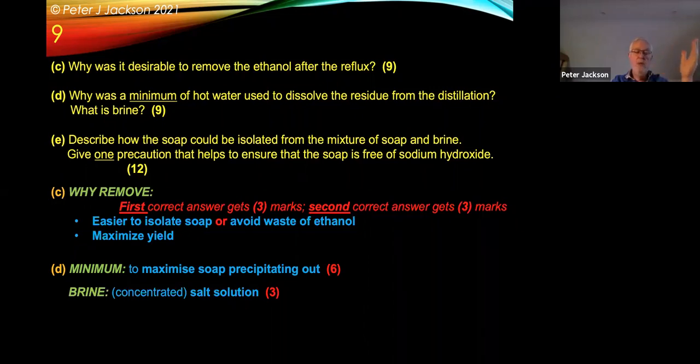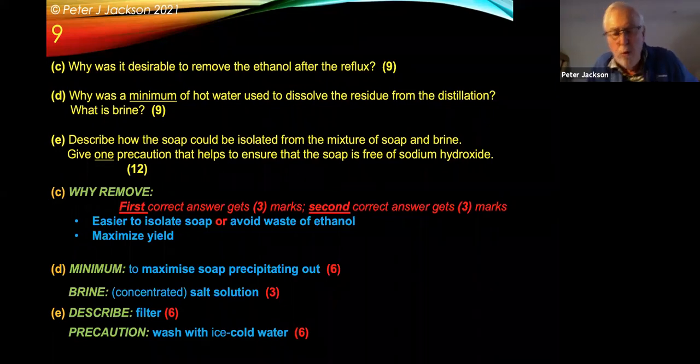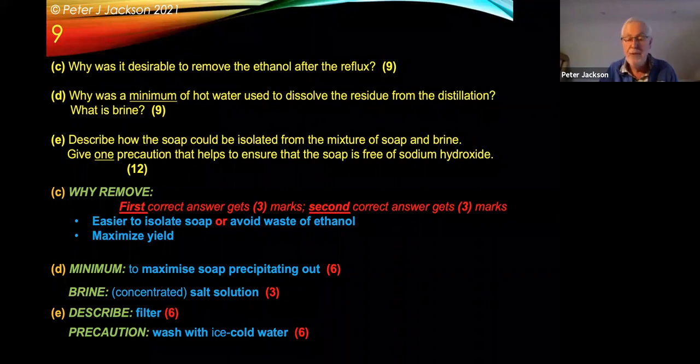E, describe how the soap could be isolated from the mixture of soap and brine, and give one precaution that helps to ensure that soap is free of sodium hydroxide. Well, remove it by filtration. You don't have to say vacuum filtration. And precaution, wash it with ice cold water or ice cold brine. Why ice cold? Because soap is less soluble in cold water than hot water. You know that from practical experience.